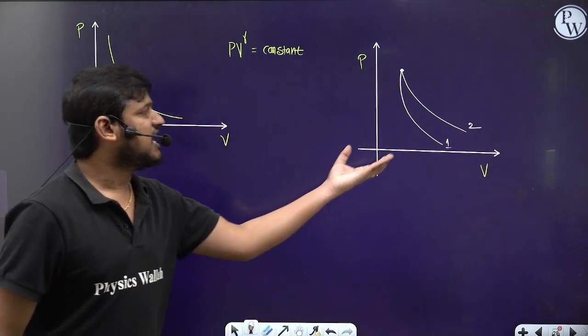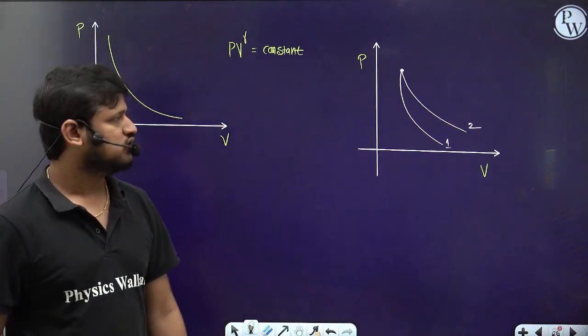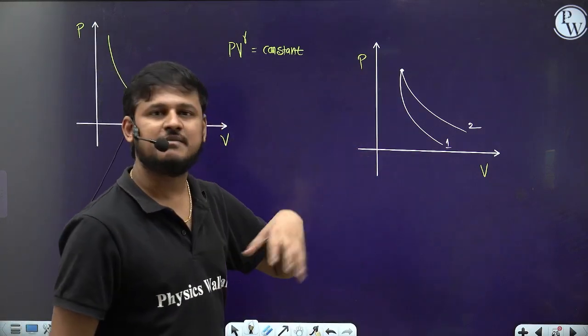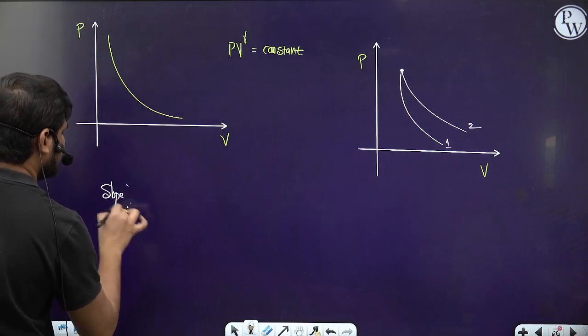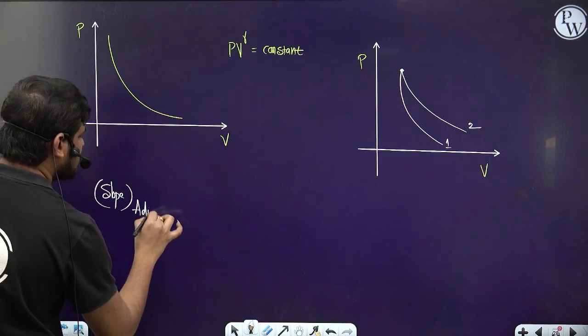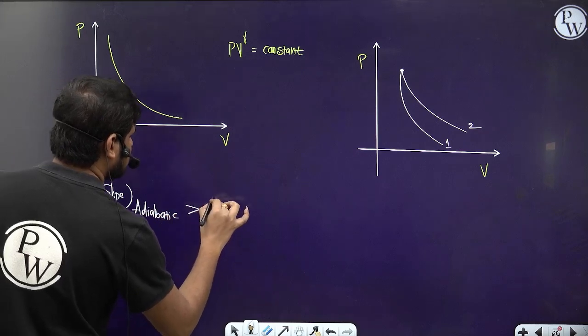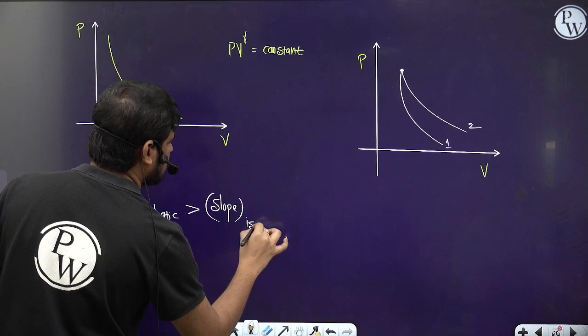Identify which is the isothermal and which is the adiabatic. Wherever the slope is more, the slope of the adiabatic curve will be more than the slope of the isothermal. Clear?